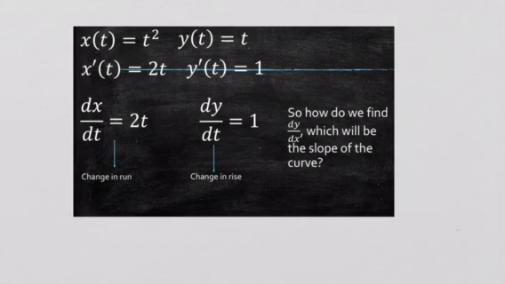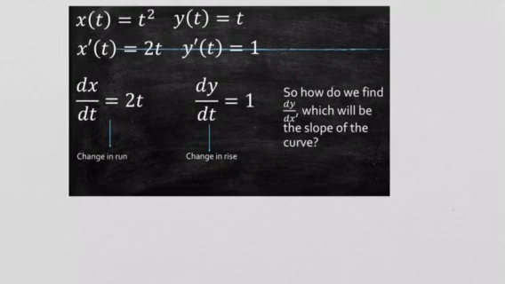So now the question is, this is telling us our horizontal velocity and our vertical velocity, our horizontal rate of change and our vertical rate of change, which we can think of as our change in run versus our change in rise. So how can we find dy dx, which is the slope, right? Well, slope is just change in rise divided by change in run.